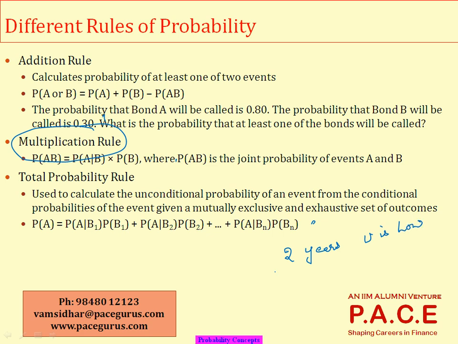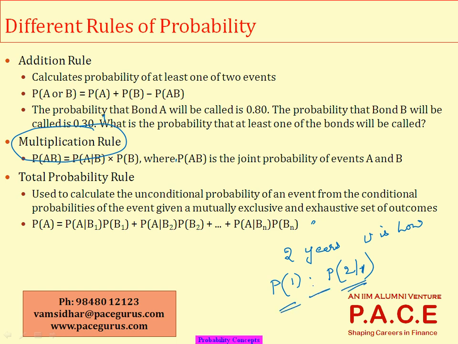So what I want is the probability of the first year unemployment being low, and given that it is already low, because if it is not low in the first year, then there is no point in looking at the second year itself. So given that the first year is already low, what is the probability that the unemployment is low in the second year? So that is what I am using as the multiplication rule.